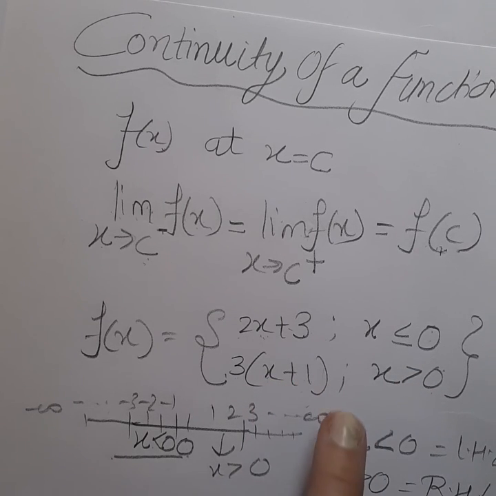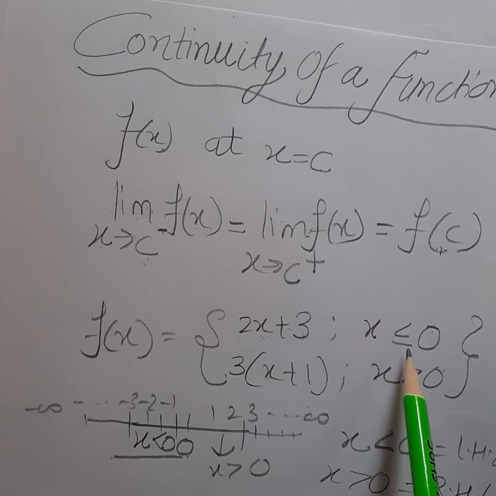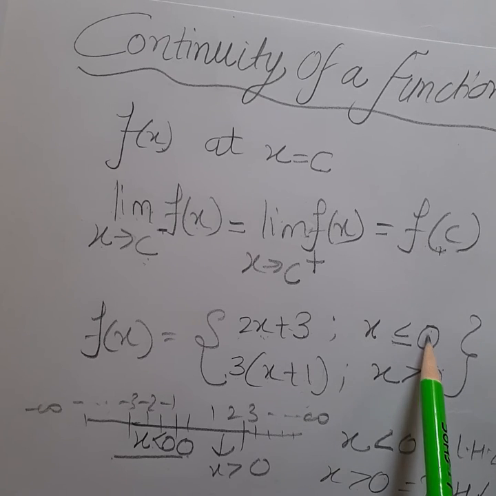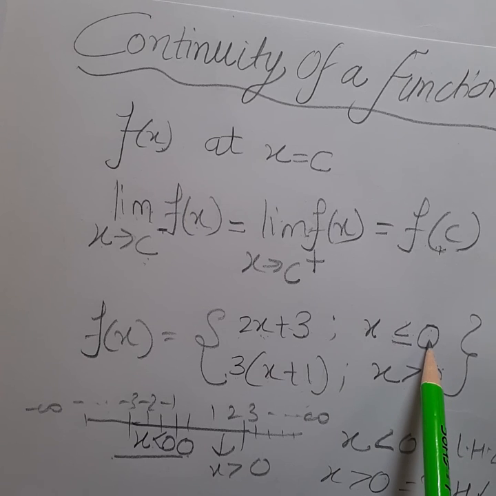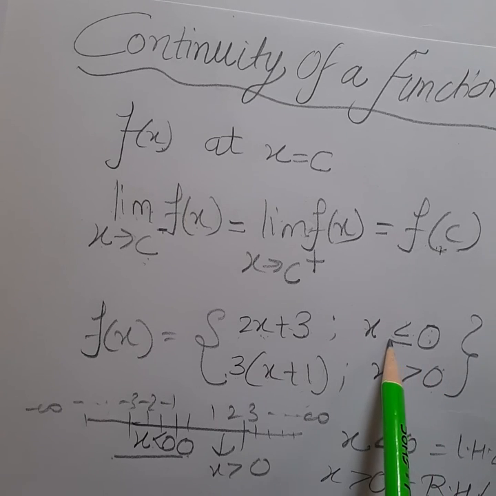But if you look very carefully, we have x is equal to 0 also. In one of the limits we have x is equal to 0, so this sign indicates it is equal to.